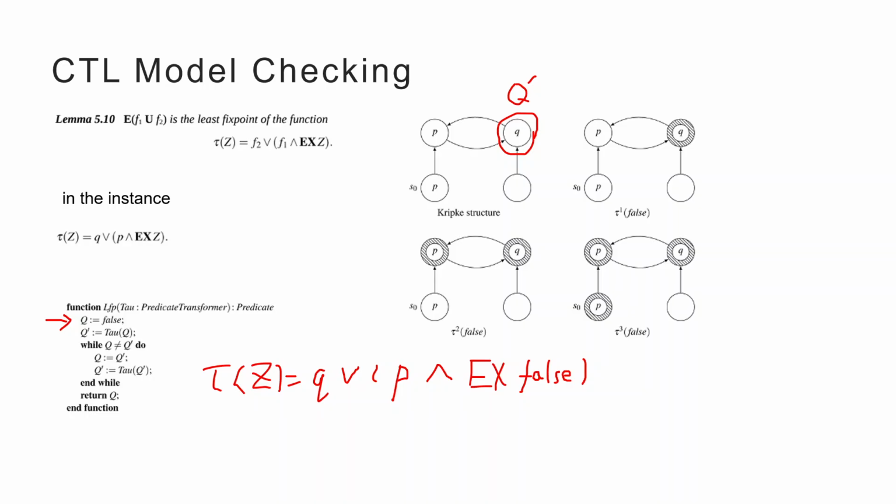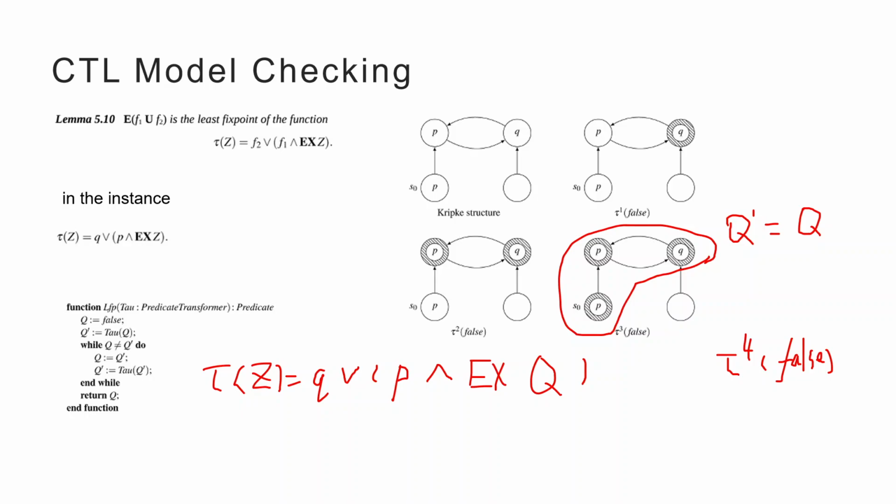In this diagram, only this set meets the condition. We then take this Q prime set as the new Q set. We repeat this process continuously. Each time we obtain a new Q prime set and set it as the new Q set.